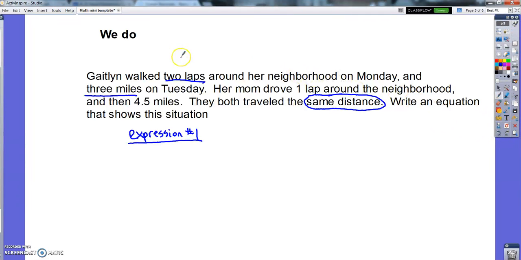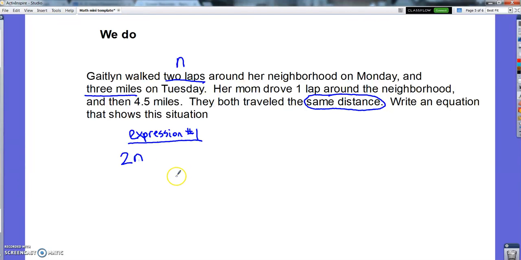So I'll do N for neighborhood, 2 neighborhood laps. So we'll say she walked 2 times around her neighborhood on Monday and 3 miles on Tuesday. Don't need a variable there because I know how far she walked. I don't know how many miles it is around her neighborhood, but I do know if she just walked 3 miles, I can just write 3. So Gaitlin's walking is 2N plus 3 miles.